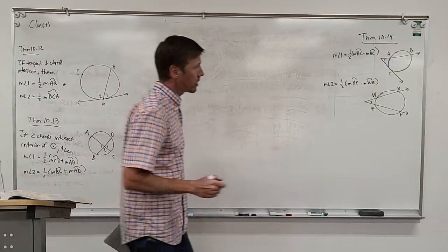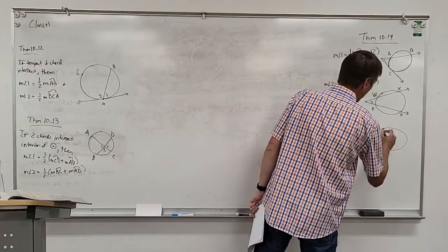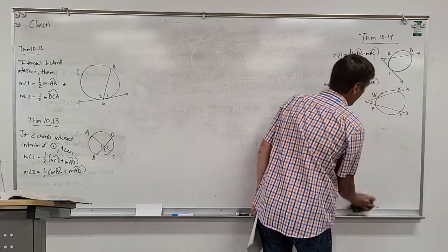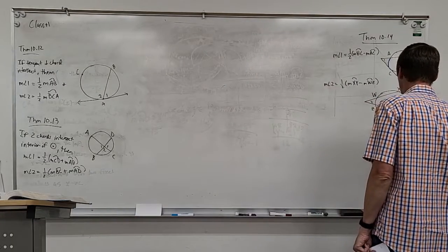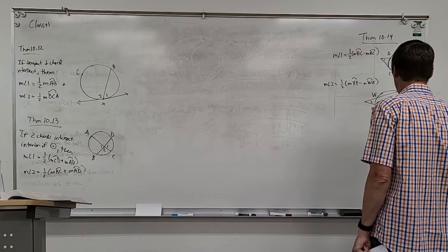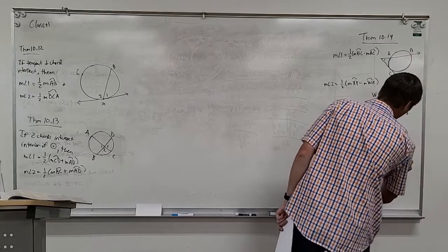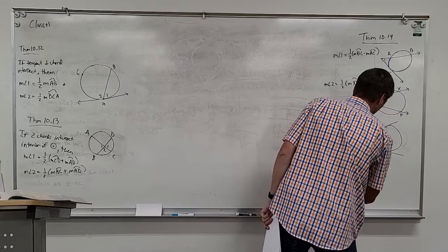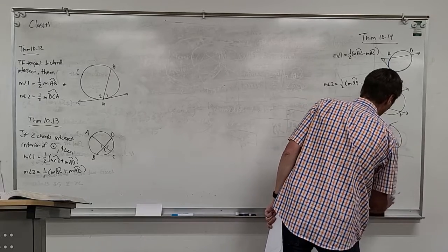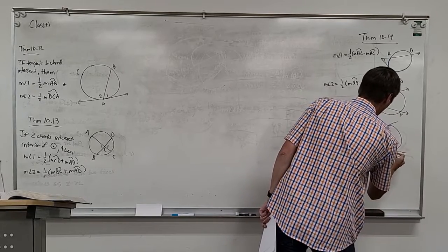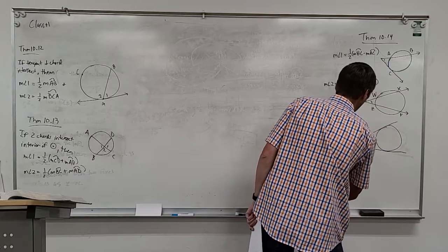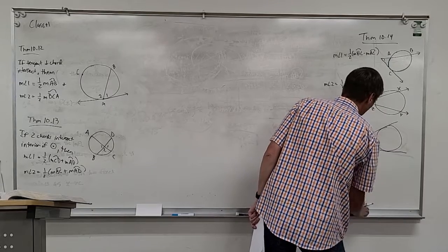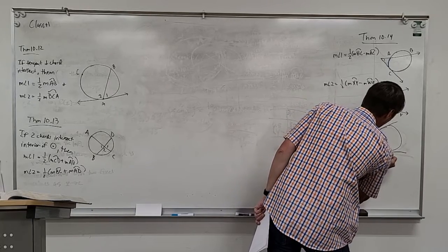So then we have one other scenario, where you have a circle, and now we have two tangents. So I've got a tangent here. I'm going to make that a little bigger.